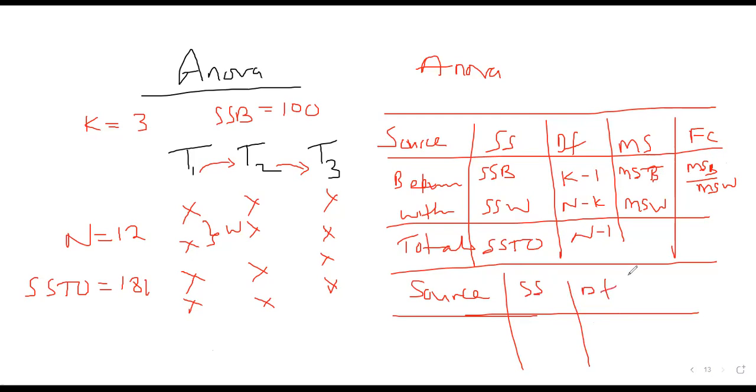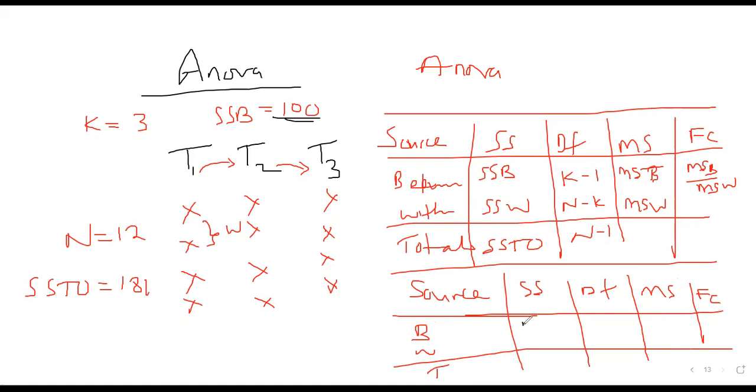So this is an independent topic which doesn't require you to really study. We have between, within, and the total. So let's go. Sum of square between, we've been given as 100.